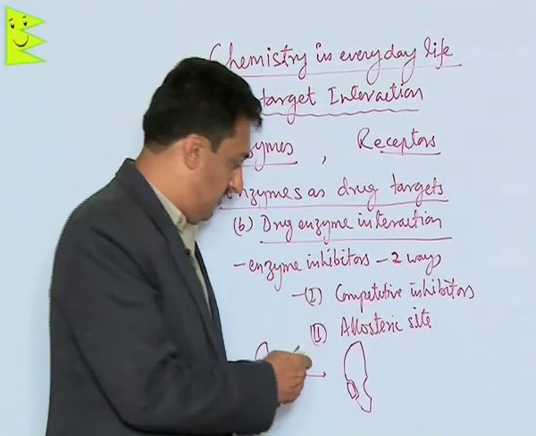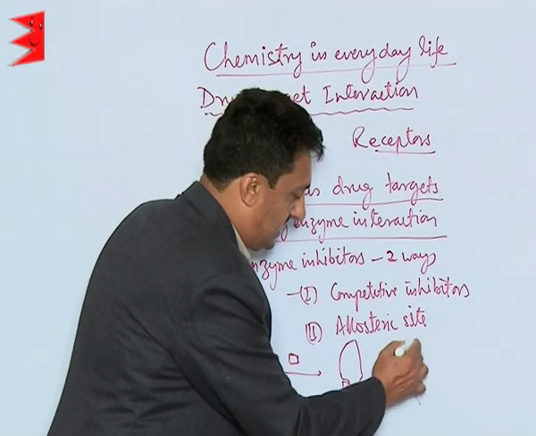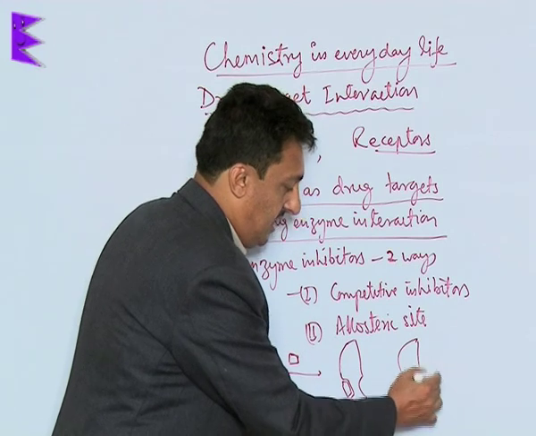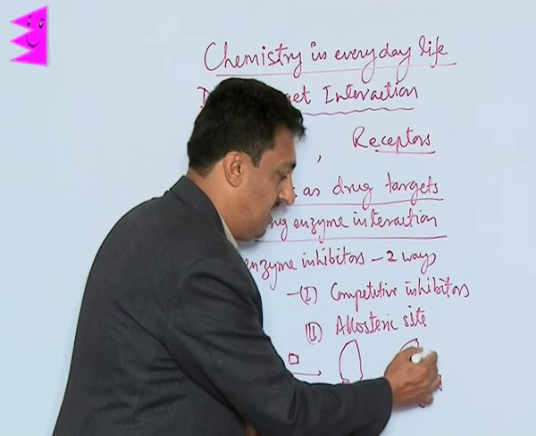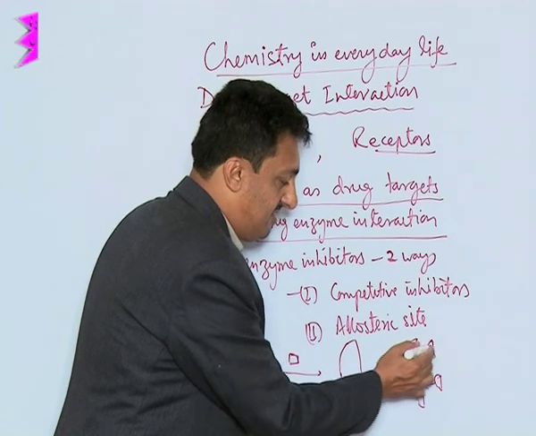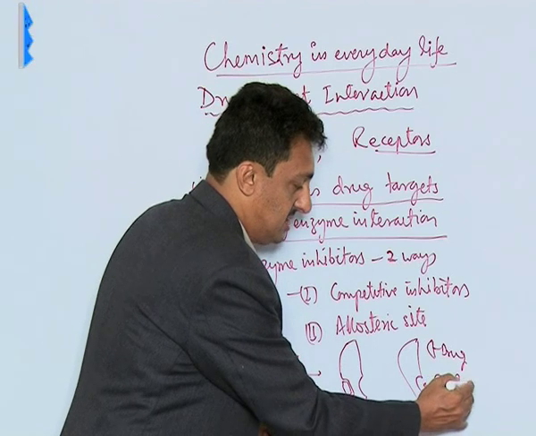I can explain it to you with this diagram. Suppose this is the active site we have, and this is the substrate which is being absorbed on this active site. A drug is provided. This is the reactant or the substrate.